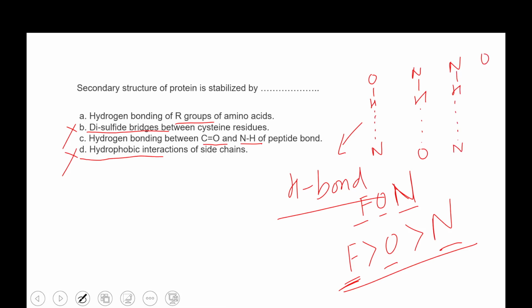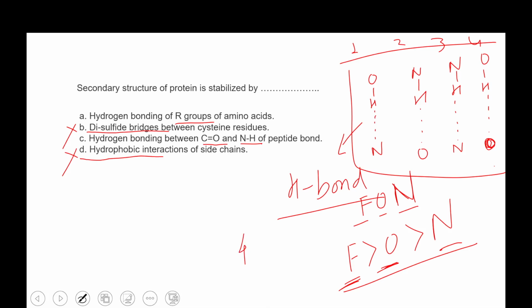This is the definition of hydrogen bonding, and the more electronegative the atom, the stronger the hydrogen bond. So this is first, second, third, and fourth. Oxygen has more electronegativity than nitrogen, and both atoms involved in the fourth are oxygen. So the fourth is the strongest interaction.